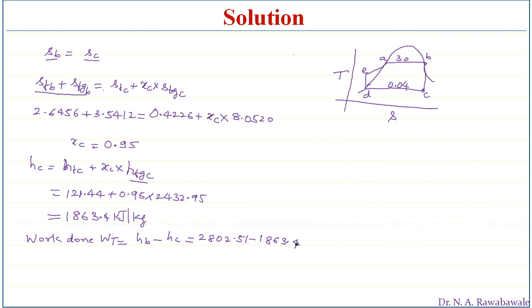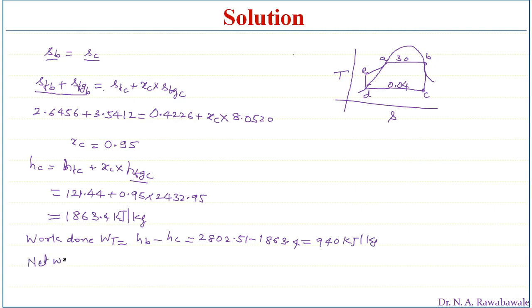On subtraction, the turbine work will be approximately equal to 940 kilojoules per kg. Turbine work is known, so net work can be obtained.